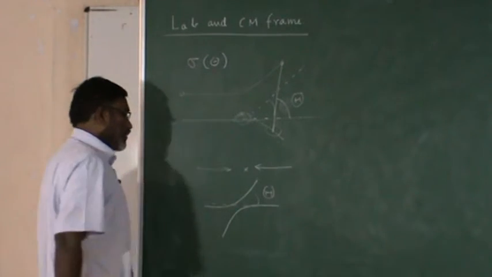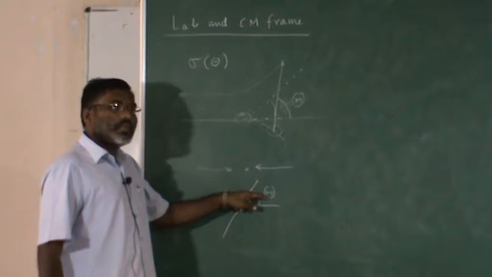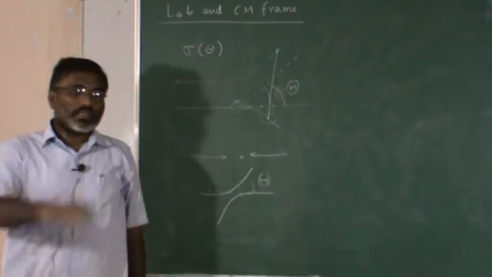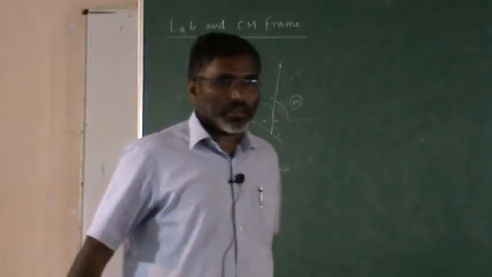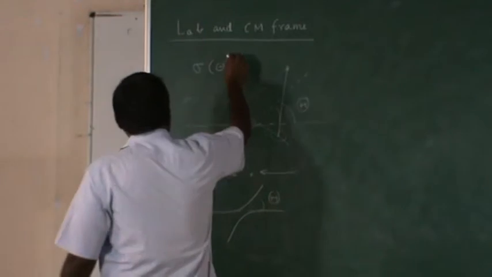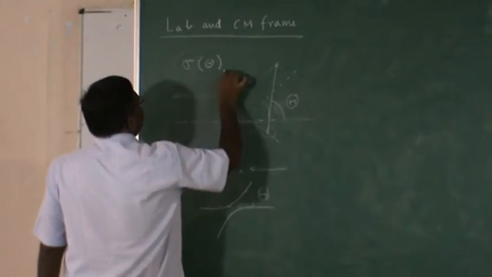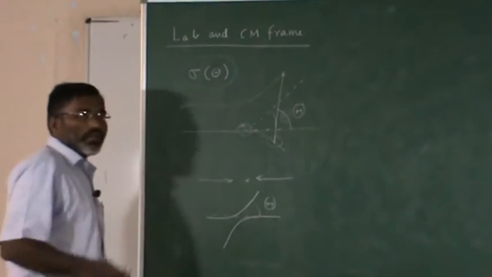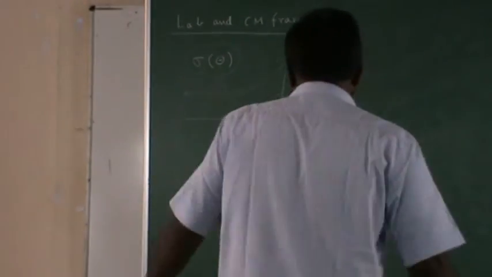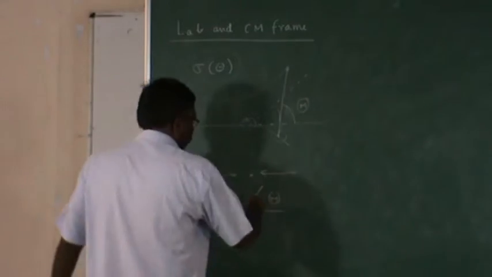In the center of mass coordinates, the deflection angle corresponds to the angle that this relative velocity suffers in the scattering. So one can say that the sigma of theta that we derive using Rutherford's cross section, or whatever formula we wrote down in the morning, pertains to the angle of deflection in the center of mass coordinates.